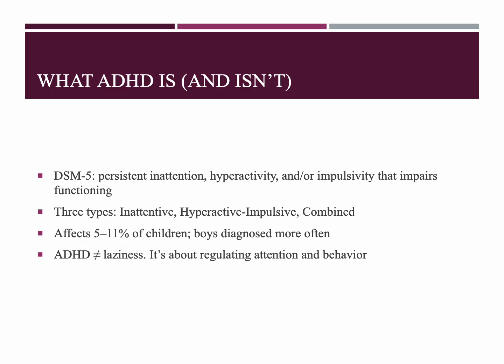Which kind of sounds contradictory sometimes, but it's important to know that students fall into one of three main categories or types of ADHD: the inattentive type, which is like the distracted or the daydreamy type, and there's the hyperactive, impulsive type, and that often fidgets or blurts out or acts without thinking, acts impulsively. And then many students will show a combination of both types, and it's the combined type or a mix of both.